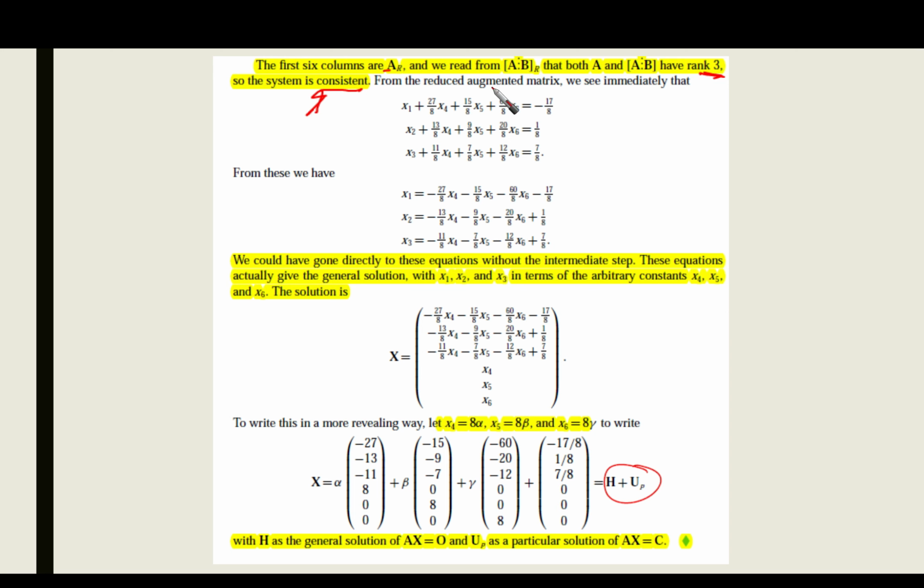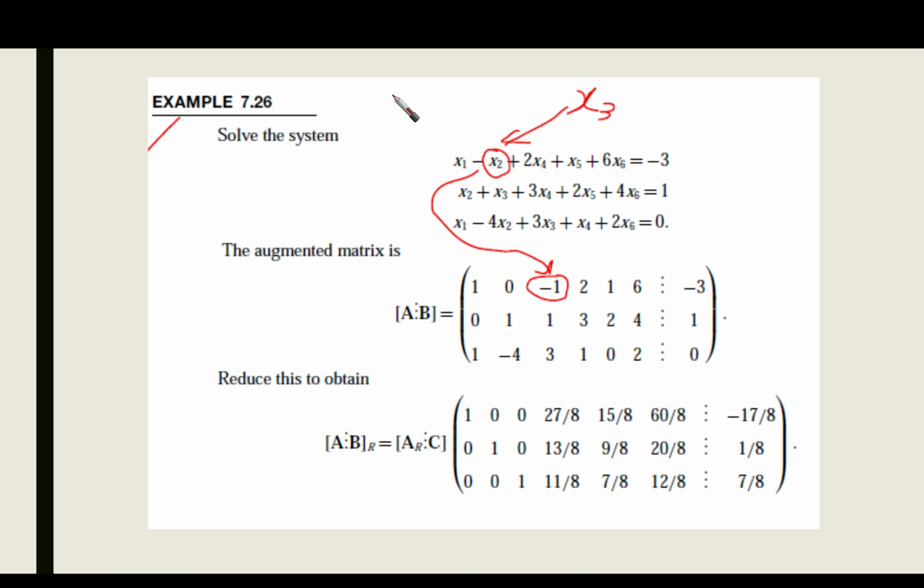From the reduced augmented matrix, we see immediately that we can arrange it from here. This is the reduced form, so we can read it and put the equations in the form. So here, for example, this means that x1 plus 0x2 plus 0x3 plus 27 over 8 times x4. Now, can you look here at what is the solution space?